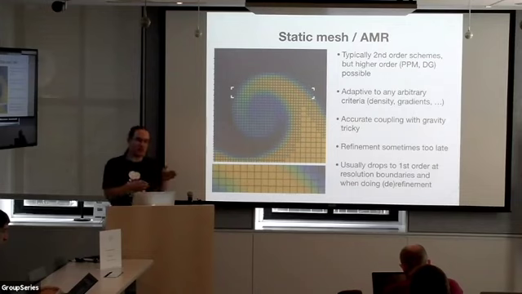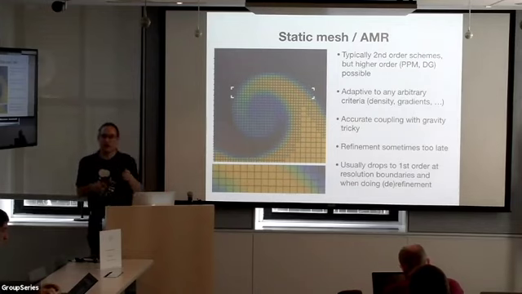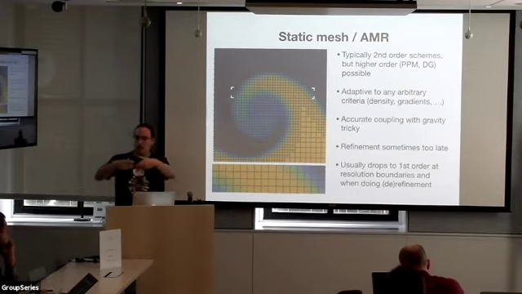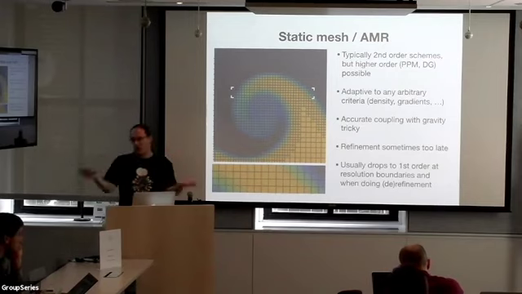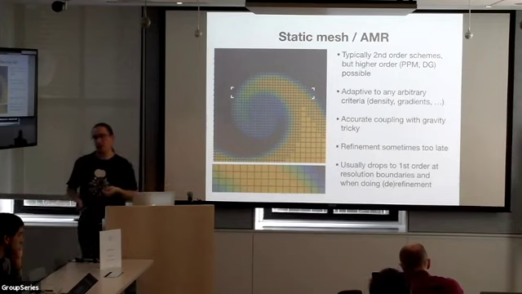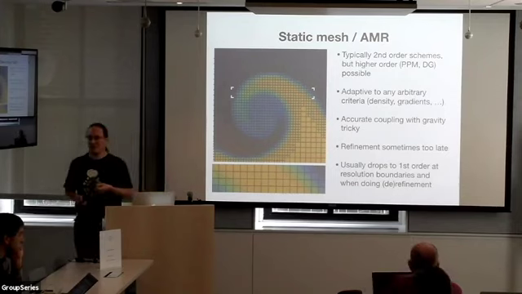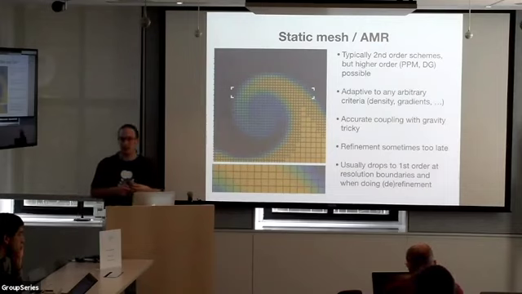You can try to do this more aggressively and refine earlier, but this of course makes your simulation significantly more expensive. Usually you refine based on guard cell or ghost cell information as well as the interior of a cell.